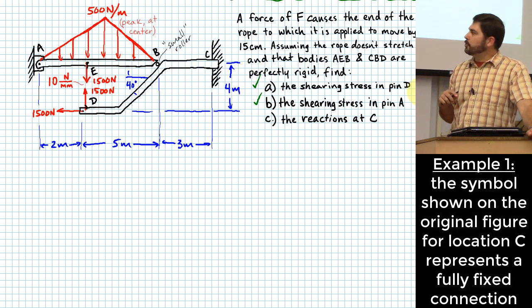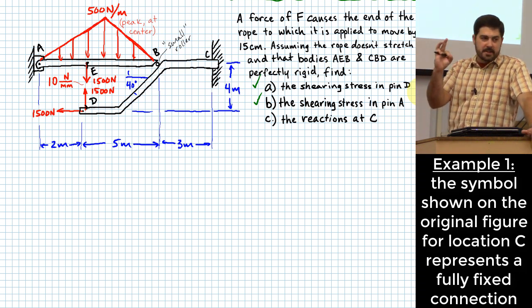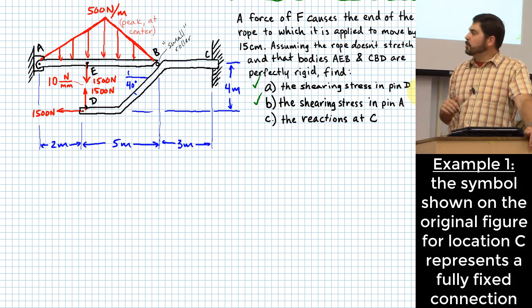But let's look real quick at what that symbol looks like at C. Okay? You might notice there's no sort of dot in the middle of where it goes into the wall right there. Okay? If there's no dot given, it's a pretty strong indicator there's no pin there. Right? There's no pin there, so how would you interpret a symbol like that?